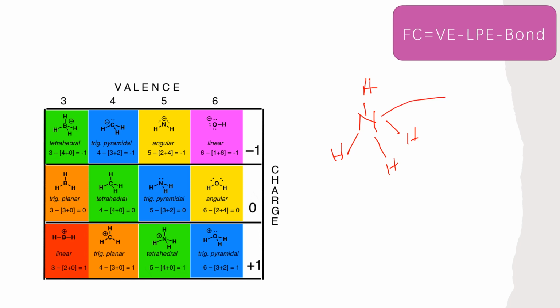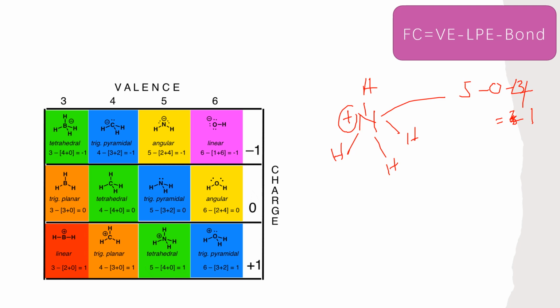Nitrogen is group 5 of the periodic table, 5 electrons, minus lone pair 0 and bonds 4. Give me a second. 5 minus 0 minus 4, therefore this should be 1, therefore there's a plus 1 charge, ammonium ion.